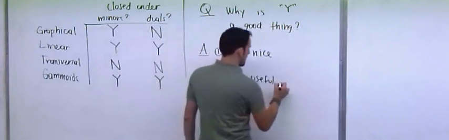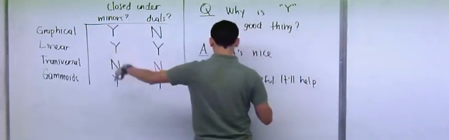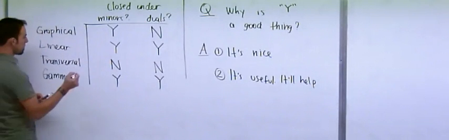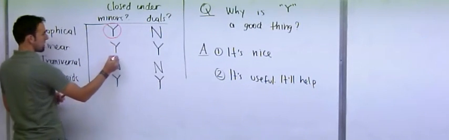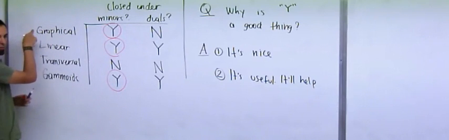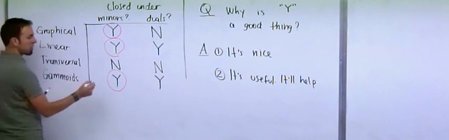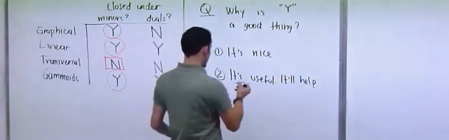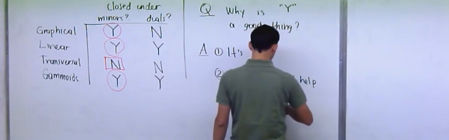What I want to show you is that because I have yeses here and here and here, that lets us understand these three classes in a way that we cannot understand transversal matroids, because there's a no here. It'll help us understand these classes.